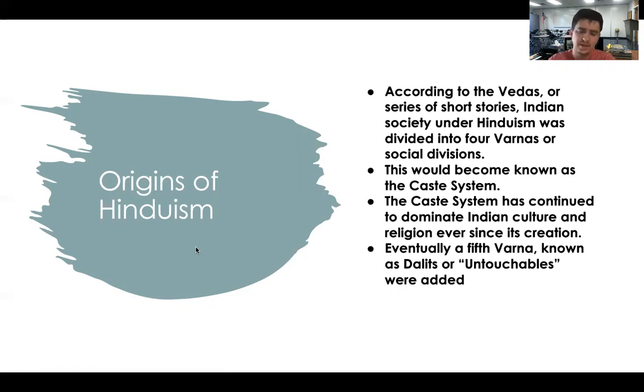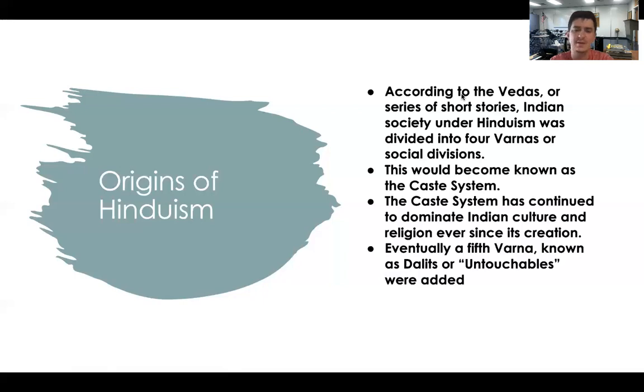And we'll spend quite a bit of time on the caste system today. But this caste system is basically the class system in India, both ancient India and even into modern, like today, India. It's dominated Indian culture and religion ever since it was introduced in the Vedas, 3,000 years ago.